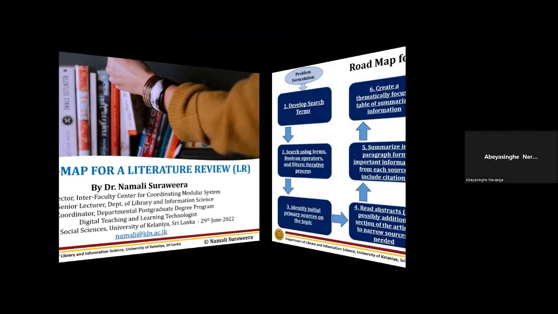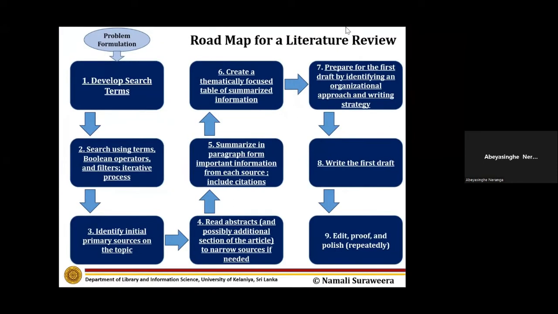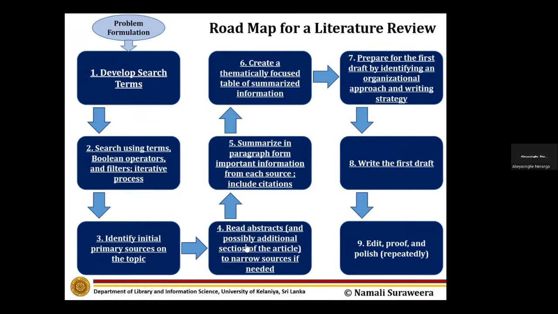So today I would like to introduce what we can call a roadmap for a literature review. As you can see from the screen, it includes 9 steps. Students and researchers always see literature review as a kind of headache.